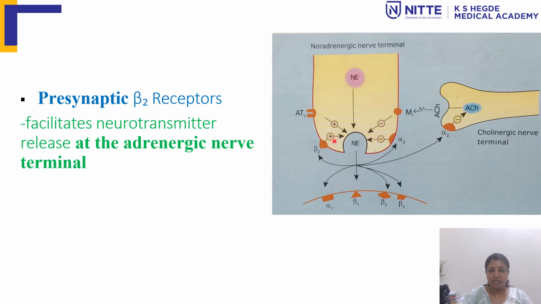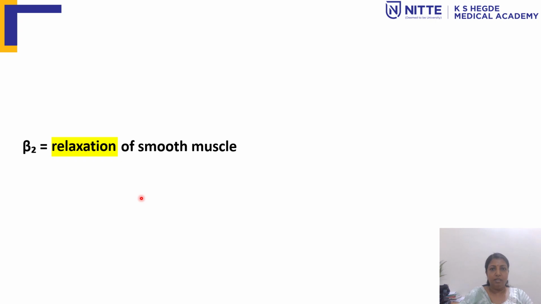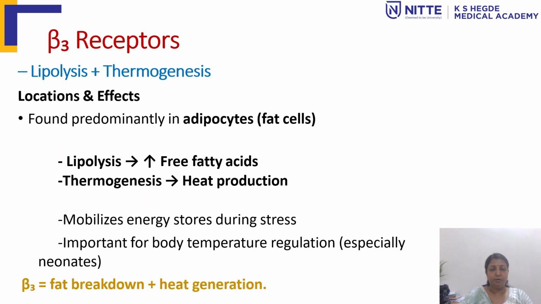This is the beta receptor which can facilitate the neurotransmitter release at the adrenergic nerve ending. So you have the adrenaline and noradrenaline present in the synapse. Once it comes and fuses, there is a release of noradrenaline. This is a synapse. So beta 2 mainly produces relaxation of the smooth muscle.